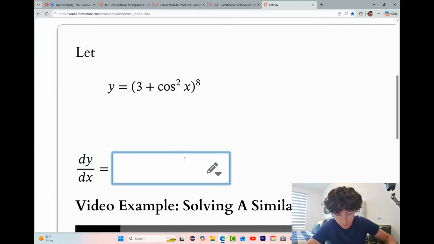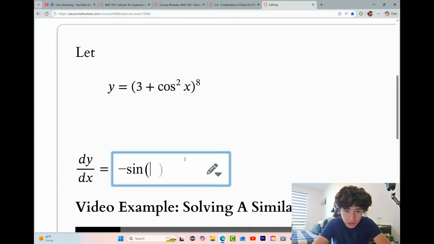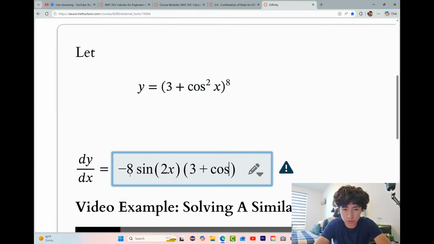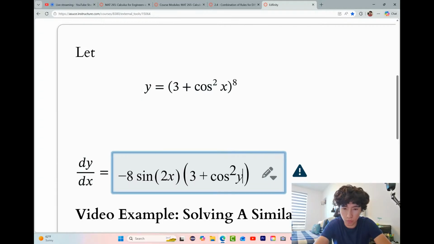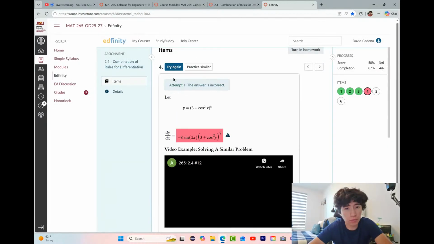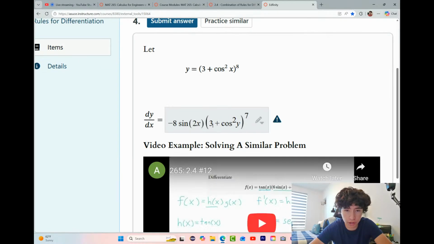That's what we get. So negative sine of 2x times 8. In fact, I'll just put the 8 here, times (3 plus cosine squared of x) to the power of 7. All right, so I guess we'll just have to put the other derivative we had.